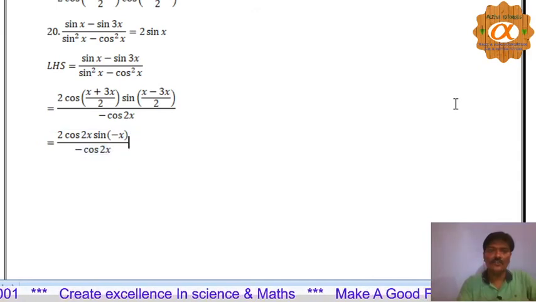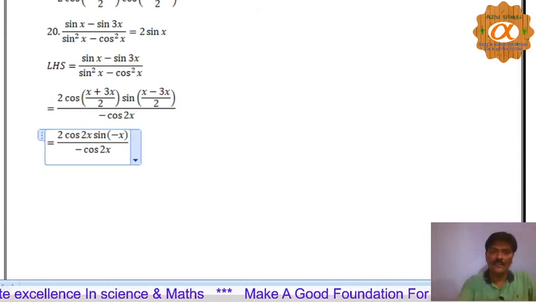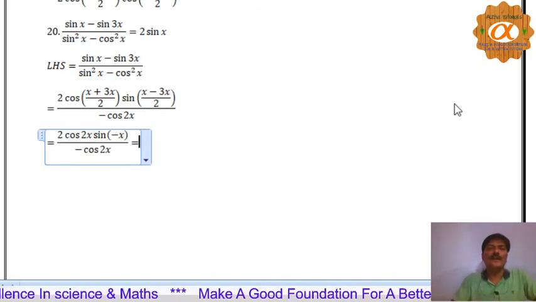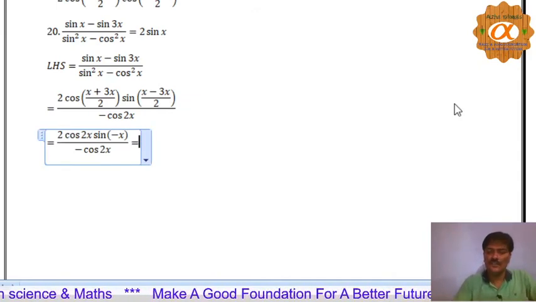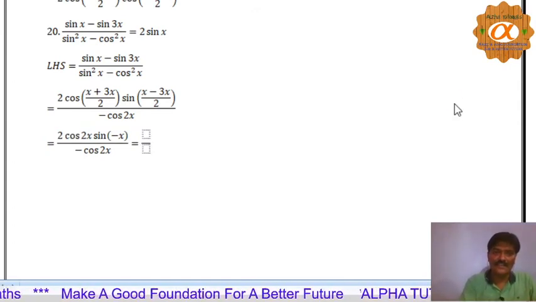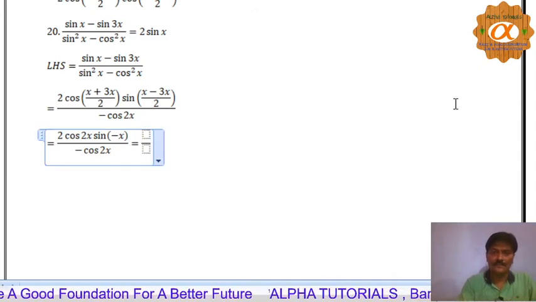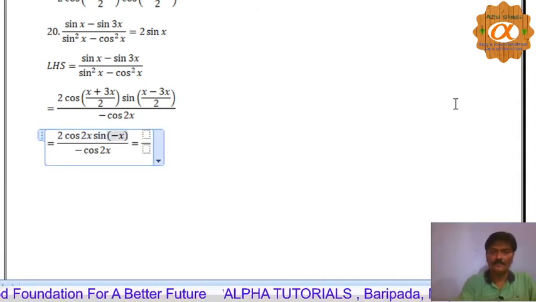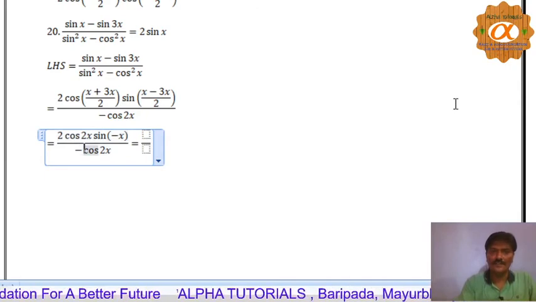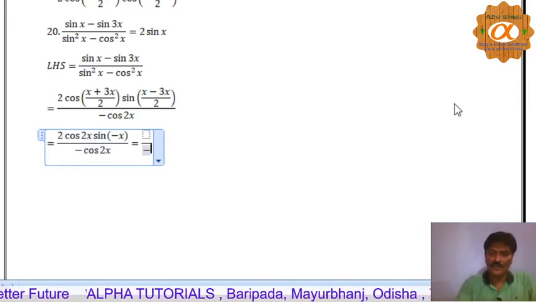Now cos 2x and cos 2x cancel out, and there is a minus in the denominator, which means minus 1.